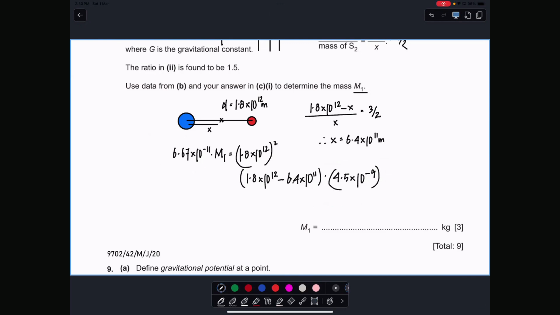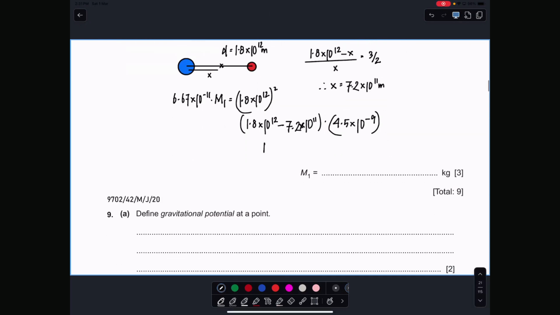7.2. X এর ভ্যালু কি কেউ বের করছে? আচ্ছা হ্যাঁ, অনলাইনে একজন বলছে it's not 6.4, it's 7.2. So yeah, once you put them into your equation, you should get the value for M1. M1 কত আসে?